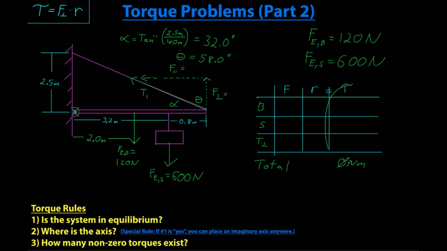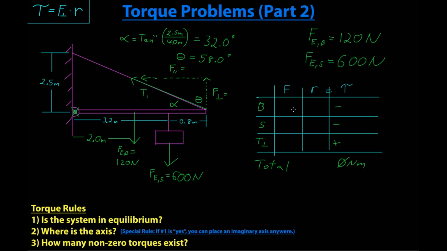Okay, next up, let's identify directions. The bar and the sign would swing this thing clockwise. Therefore, bar and sign are both negative. Tension would swing it counterclockwise, which on the unit circle is positive. And they'd all equal 0.